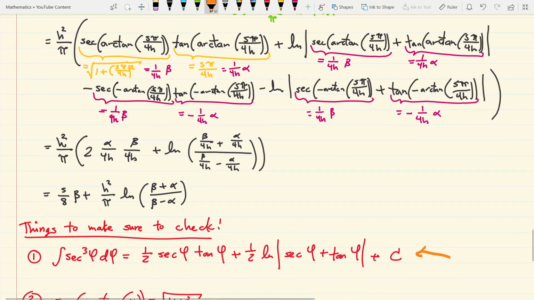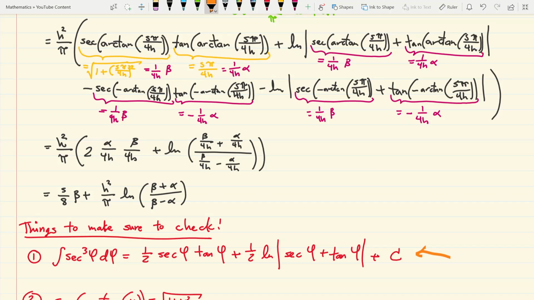So using this integration rule for secant cubed, we just plug everything in. And note that a lot of things simplify. So you're going to have to figure out what secant of arctan of something is. So secant arctan of x is just square root of 1 plus x squared.